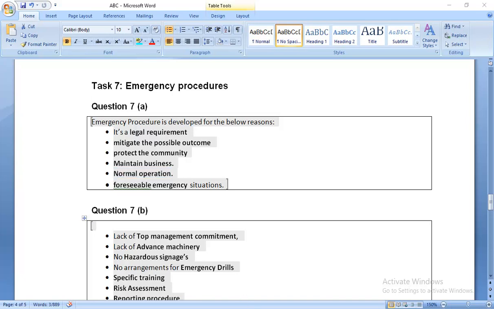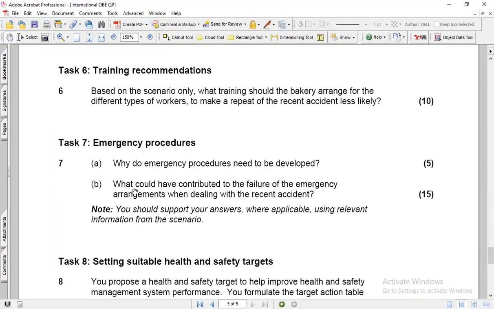Now we will move towards part B. What could have contributed to the failure of the emergency arrangements when dealing with the recent accidents? Regarding the emergency arrangements, we have to discuss 15 points.